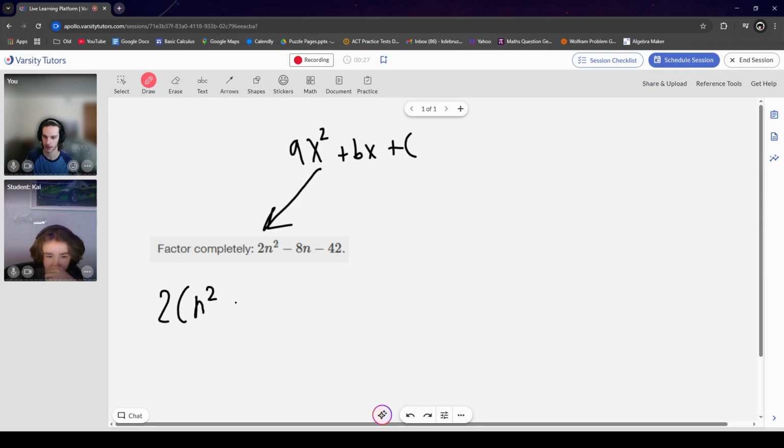I don't know. So what happens when you split 8 up into 2 and what number that multiplies together to get 8? Two and 4. Yes. So it'll be minus 4n, because n is the last thing we have. And then what happens to minus 42?